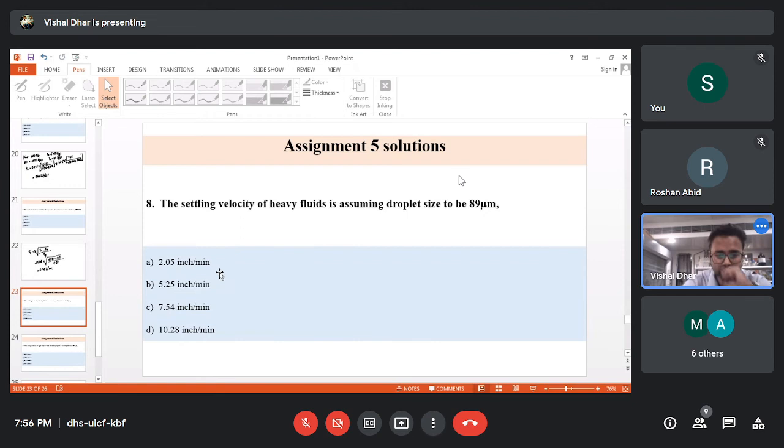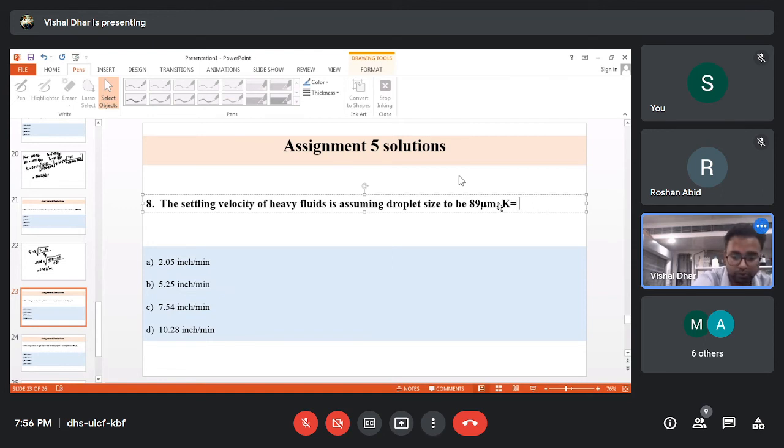Next is the settling velocity of heavy fluid, assuming droplet size as 89 micron. We have to find the settling velocity of the heavy fluid. For that we also need a designing constant K, which has been given in the question.